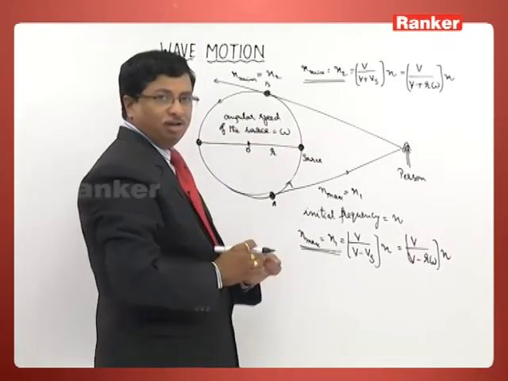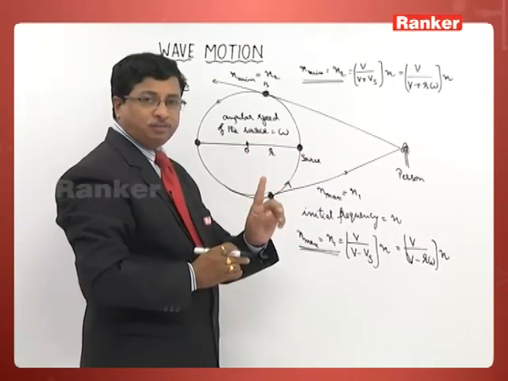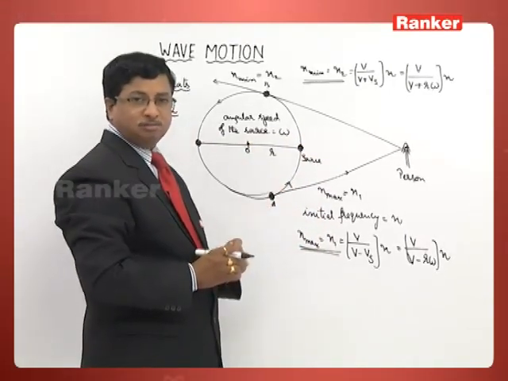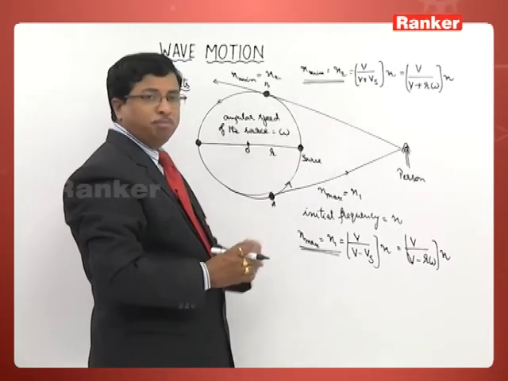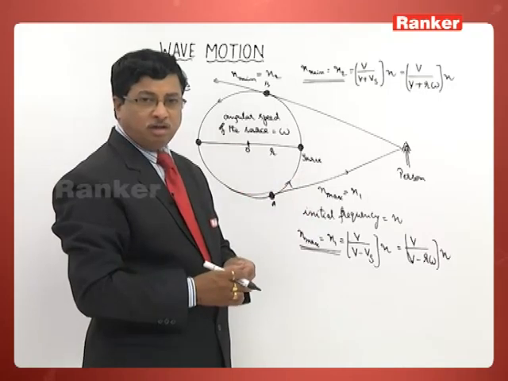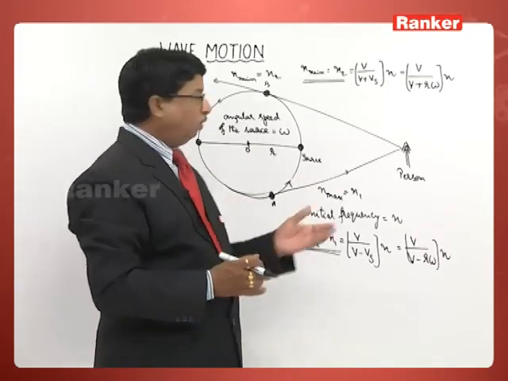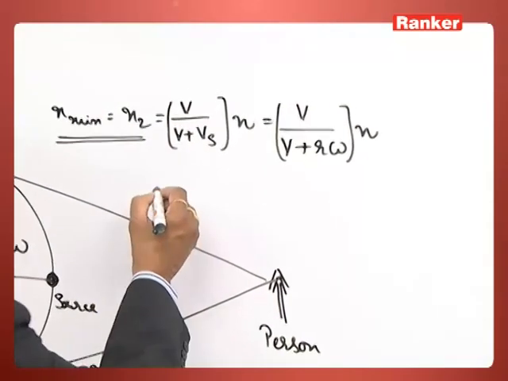If the difference of these two values is less than or equal to 10, he can hear the number of beats per second. If the difference is more than 10, beats can be produced but cannot be heard.